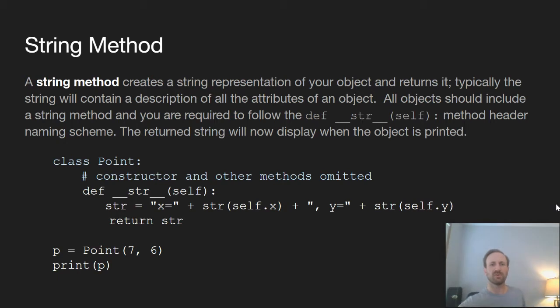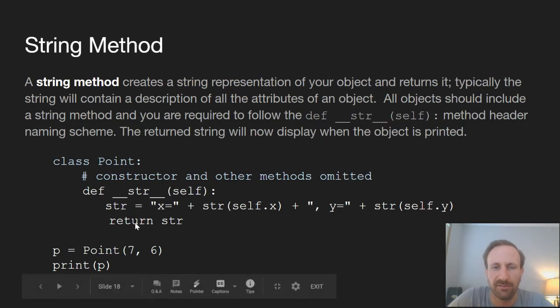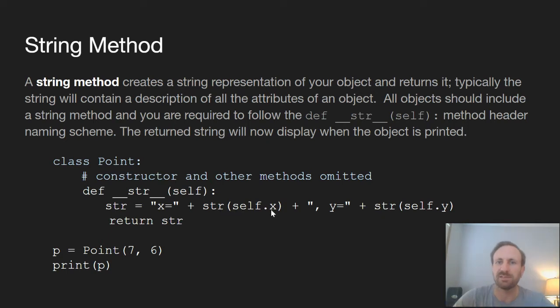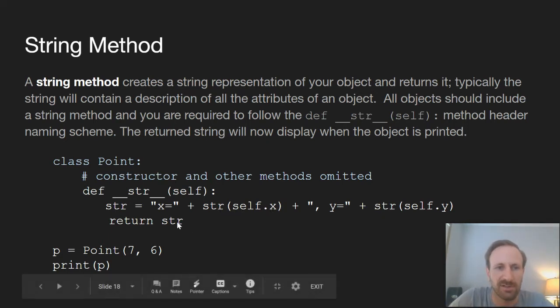So you can see an example here for the point class, where this point class is only showing you the string method at this point. The constructor and any other methods are omitted, but the string method creates a new variable to hold this string, which is just an XY coordinate. So you just create a string that shows the X and the Y coordinates and returns it.